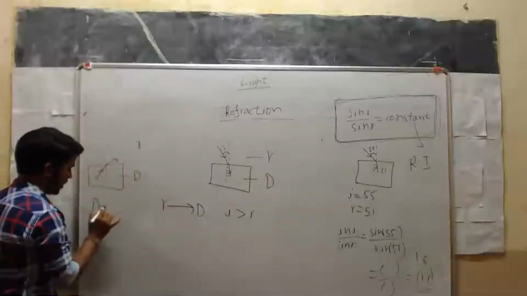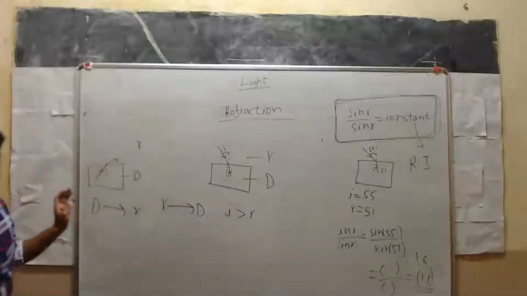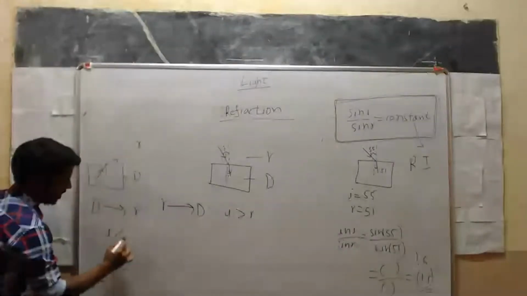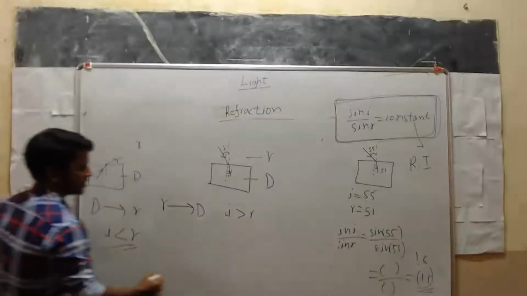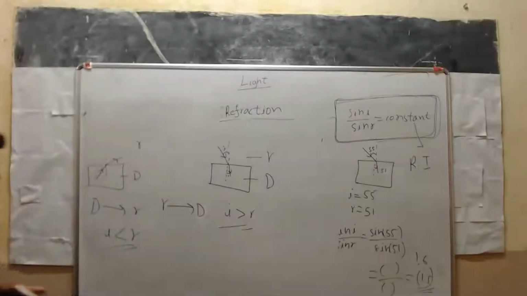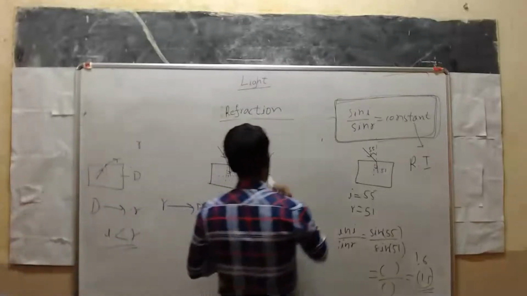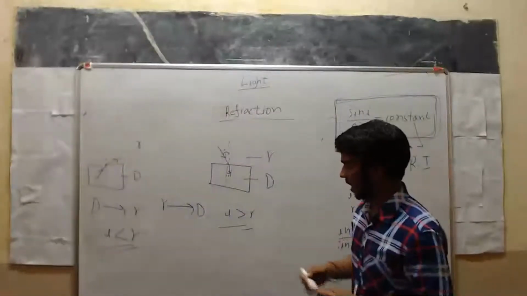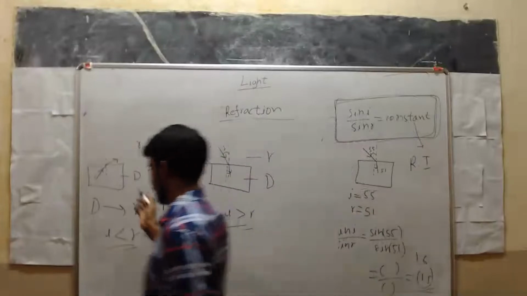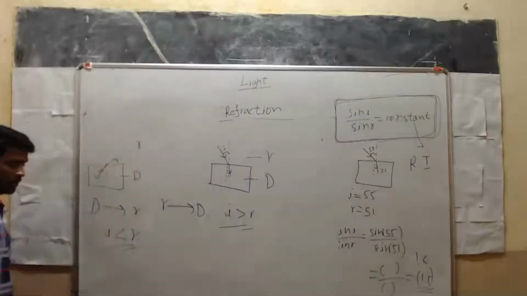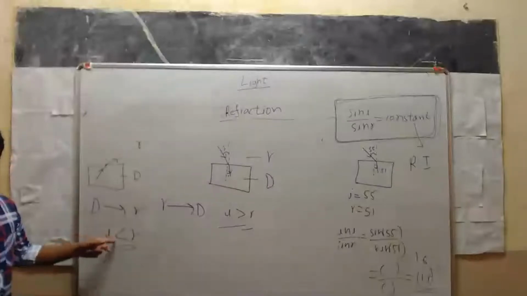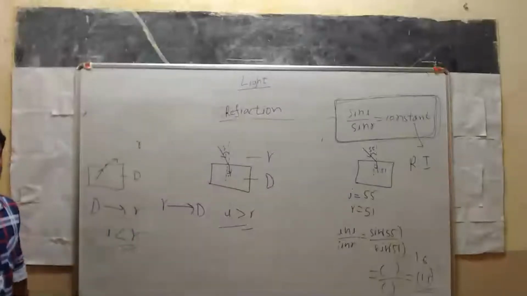In this case, the angle of incidence is less than the angle of refraction. So when you pass a ray of light from the rarer medium to the denser medium, the angle of incidence is greater than the angle of refraction. But from the denser medium to the rarer medium, the angle of incidence is less than the angle of refraction.